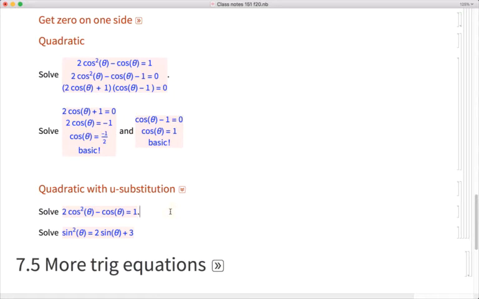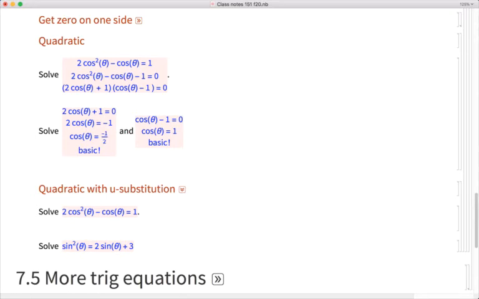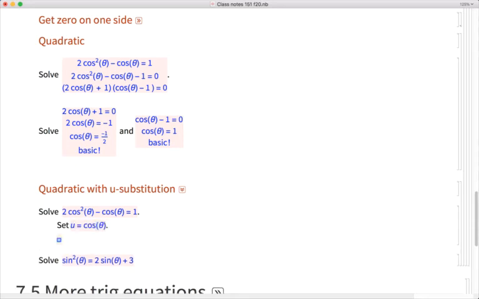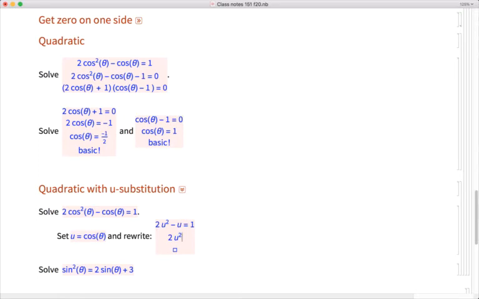So sometimes when you're trying to solve these quadratics, it's easier if you use a u substitution. So totally optional, but I'm just going to redo the problem that I just did by setting u equal to cosine theta, and then rewriting the equation. This is 2u squared minus u equals 1. And then try to solve this. It's perhaps, arguably anyway, a little easier to solve this quadratic when you just have a single letter instead of cosine theta.